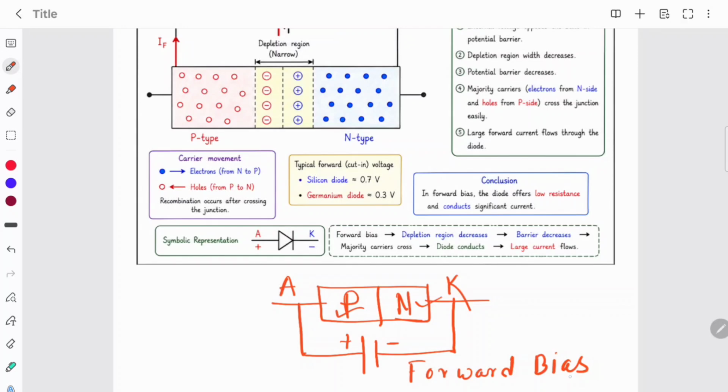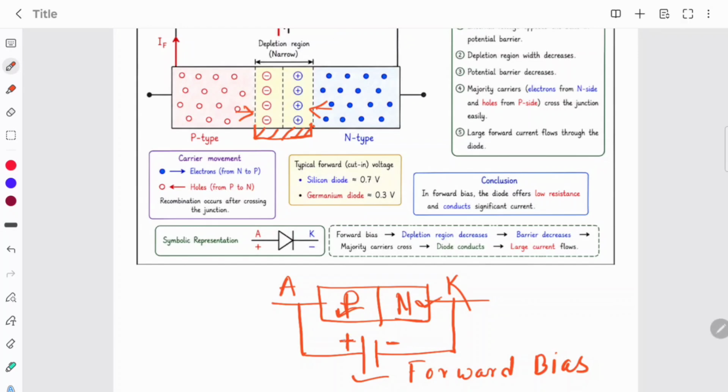Now let's see what happens inside the diode. The external field opposes the junction barrier. The electric field produced by the external voltage acts opposite to the built-in electric field in the PN junction.